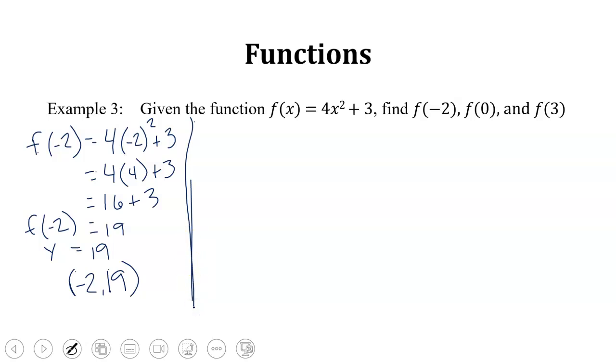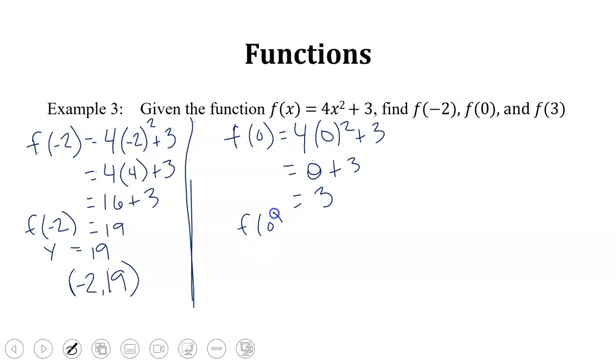All right, start over. But instead of x, we're going to plug in a 0 this time. So 4 times 0 squared plus 3. 0 squared is 0. 0 times 4 is 0, plus 3 is 3. So when x is 0, our y is 3. You can write that as an ordered pair, 0, comma 3. All right, last time, start over.